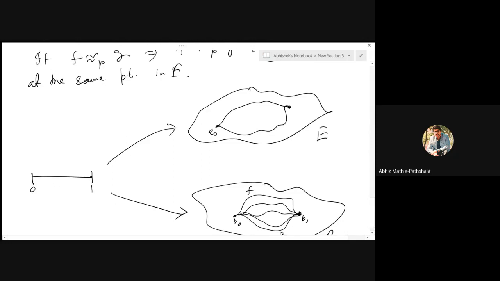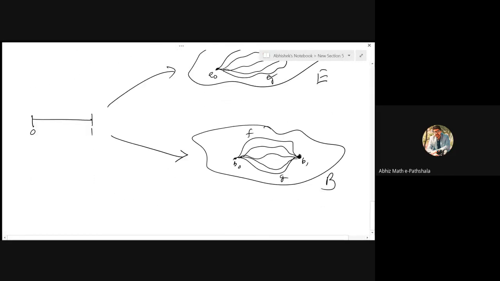So they start at E naught and end at, suppose, F tilde 1 equal to G tilde 1. This is your F tilde, G tilde, and not only that, they are path homotopic. Yes, so this will happen.